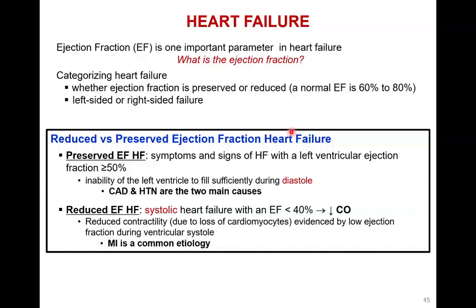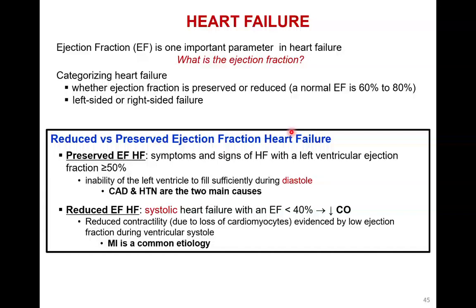And so a very general definition of the ejection fraction is the percentage of the total end diastolic volume that's ejected every time the left ventricle experiences a systolic event, usually in relation to the left ventricle. So with every heartbeat.